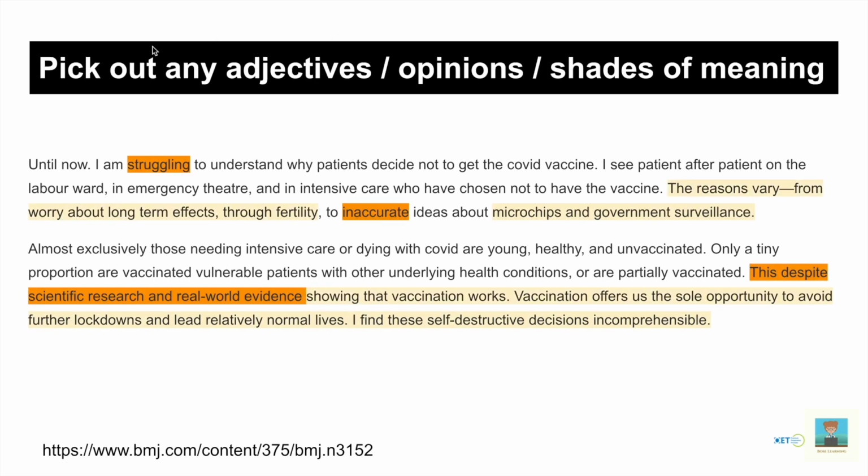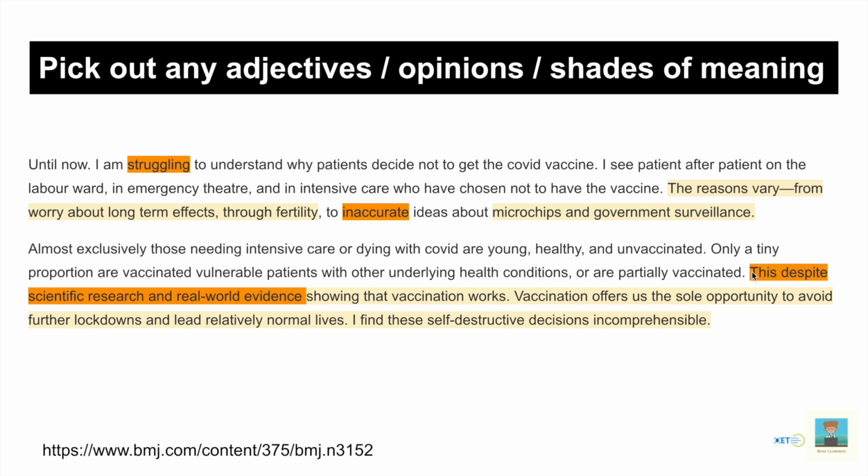So we have this idea of her struggling again. She lists these various reasons. Some are worried about long-term effects, fertility, and there are inaccurate ideas about government surveillance. We've got this contrast between who actually is in intensive care with COVID. It's not the people you would expect. It's the young, the healthy, and that's because they're unvaccinated.